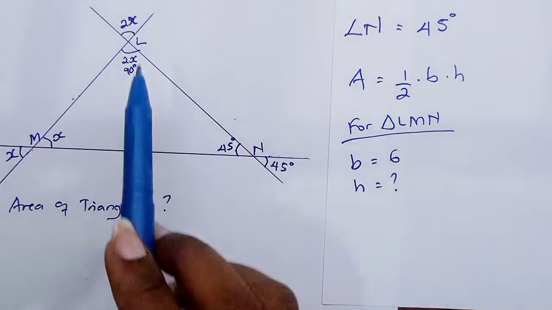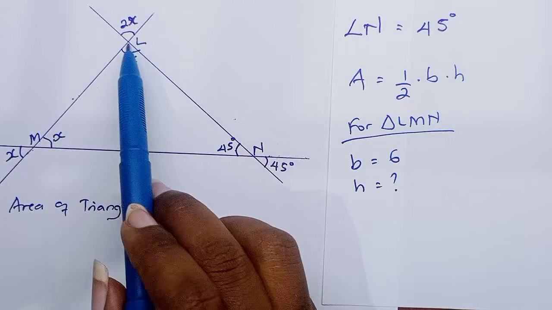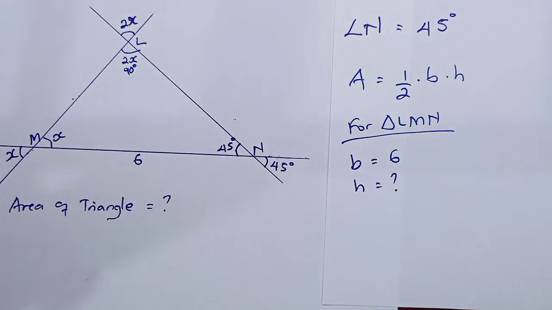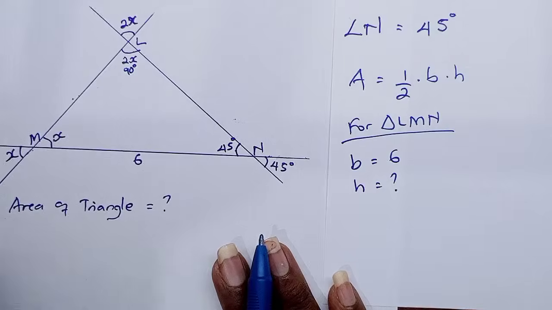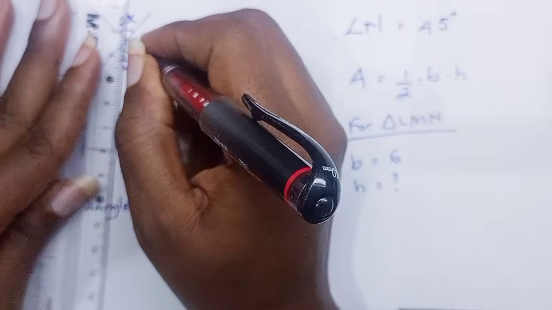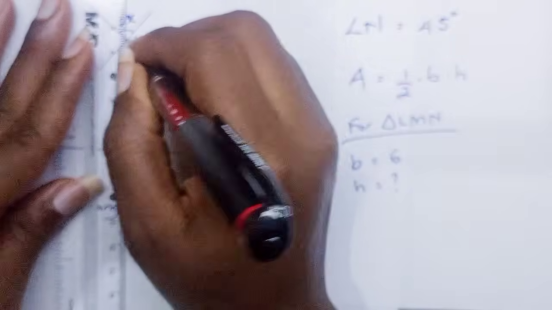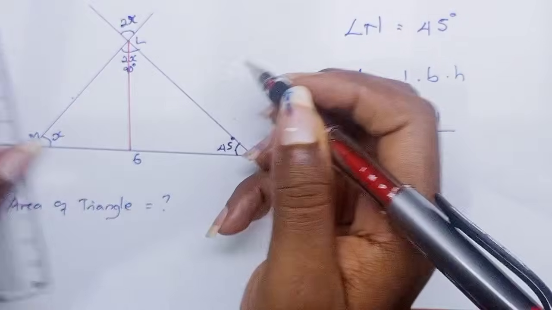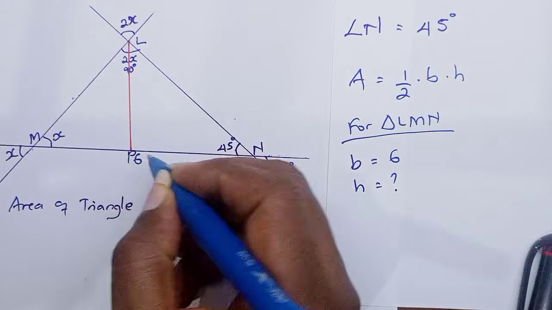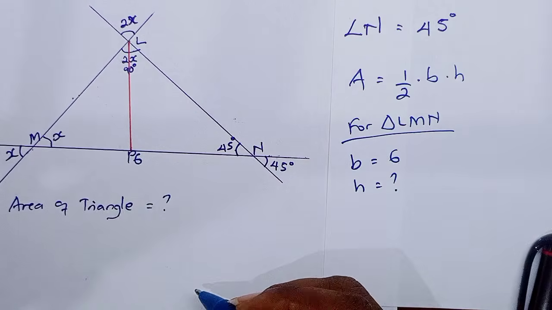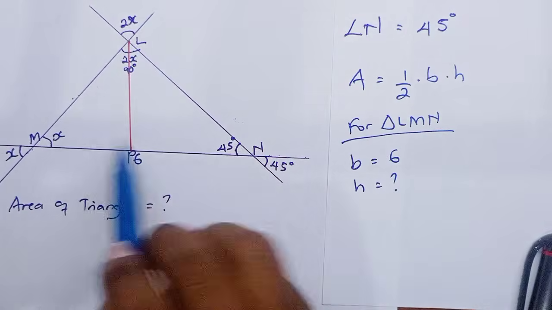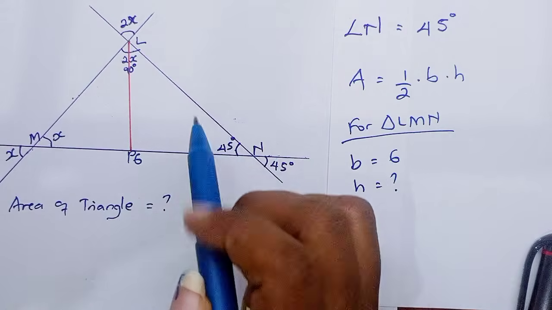This implies that if we draw a perpendicular line from point L to this line MN, let me first draw the perpendicular line. So if I draw a perpendicular line like this, let me say this is point P, then this implies that this line LP dissects this triangle LMN into two equal parts.